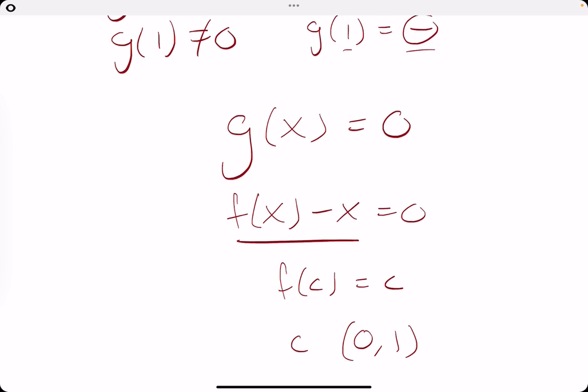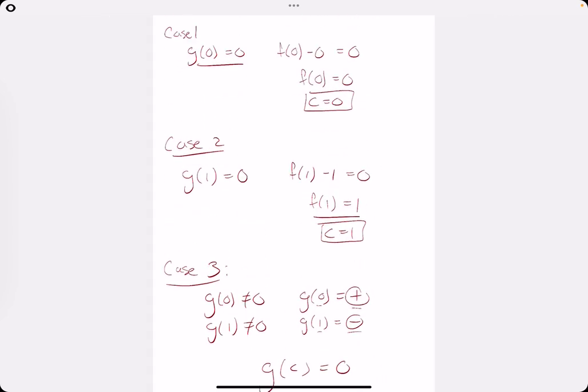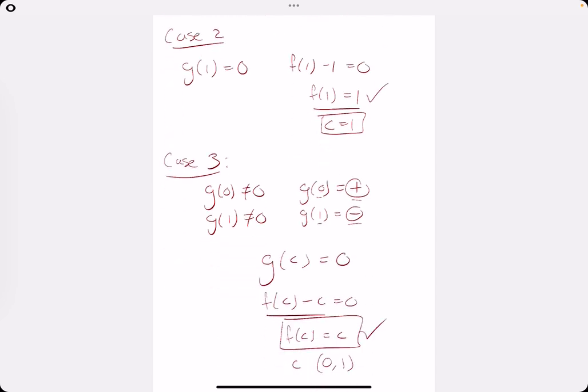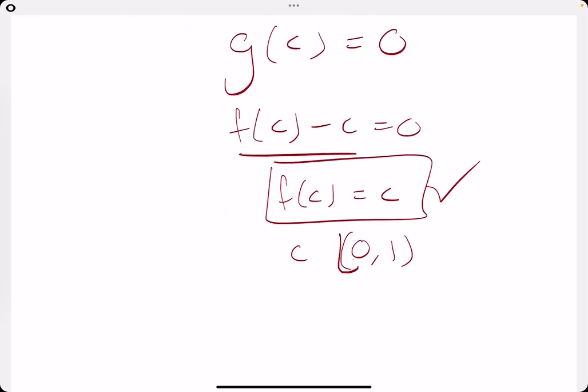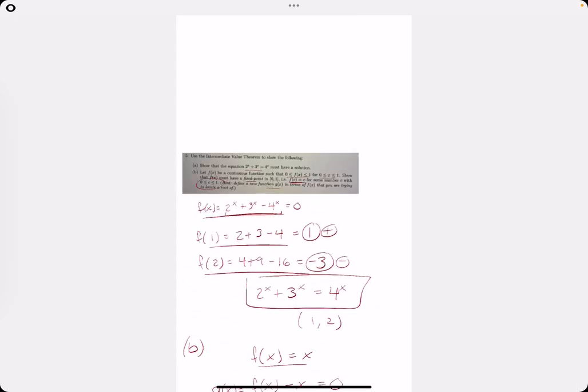I guess these could have been c's the whole way through by the IVT, right? So the point is, no matter which case we come across, it's still showing that f of c is equal to c for some c on 0 to 1. Okay, hope that makes sense. If you have any questions, let me know.